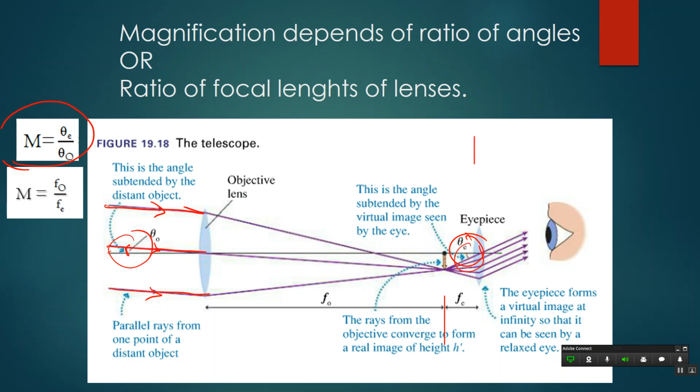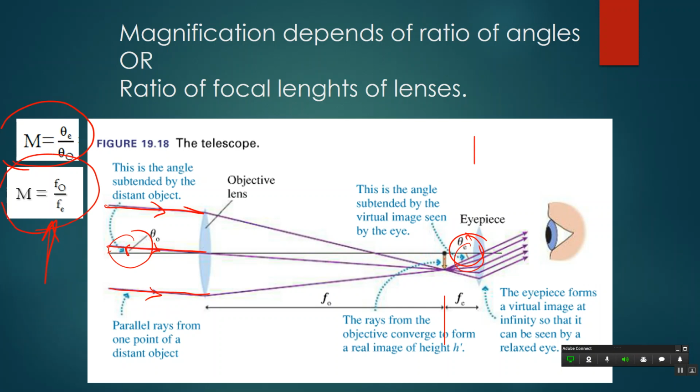But that's not super important because that angle is not always really easy to measure. And there's a much more efficient way to measure magnification. In this case, we have this fantastic equation here, right? And this only works for objects that are really far away. So for a microscope, for example, you would not be able to use this equation. But for objects that are really far away, the magnification is just a ratio of the two focal lengths, right?